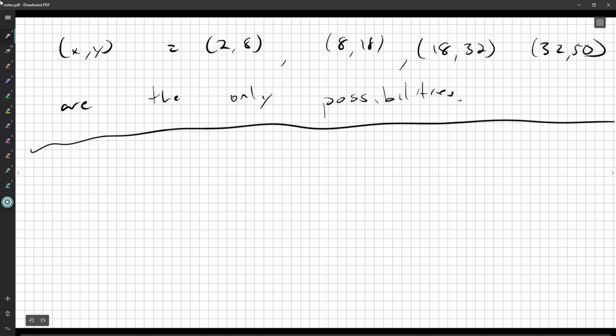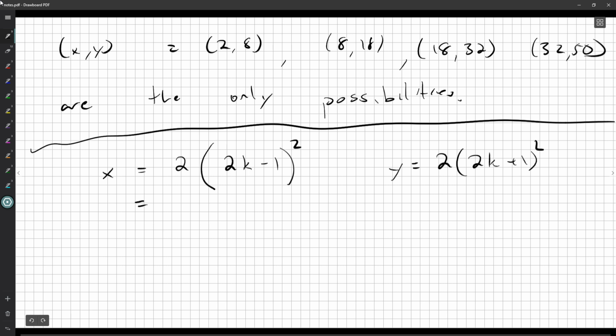Just more generally, if x is 2 times 2k minus 1 all squared, and y is 2 times 2k plus 1 all squared, this should work out.